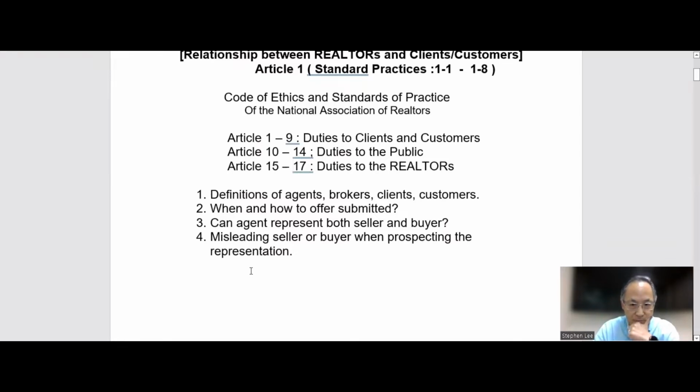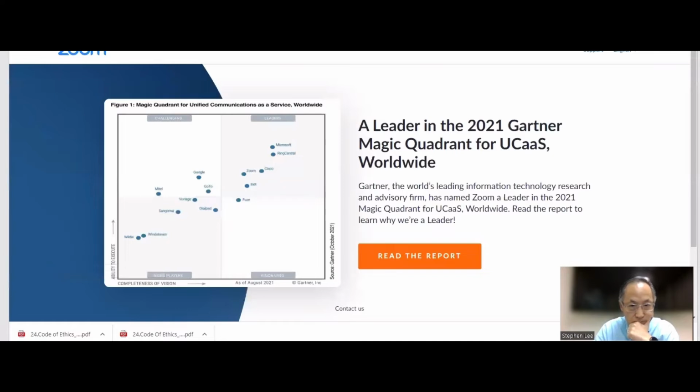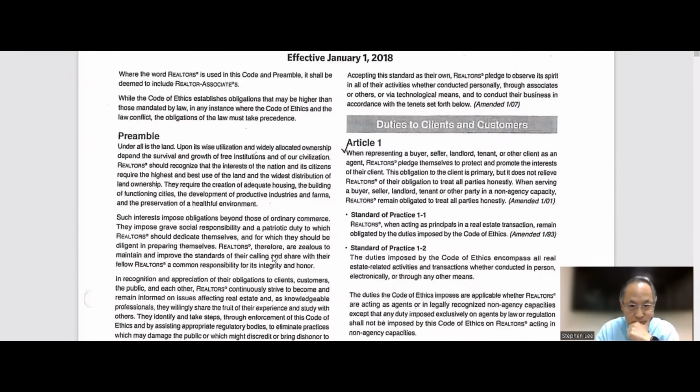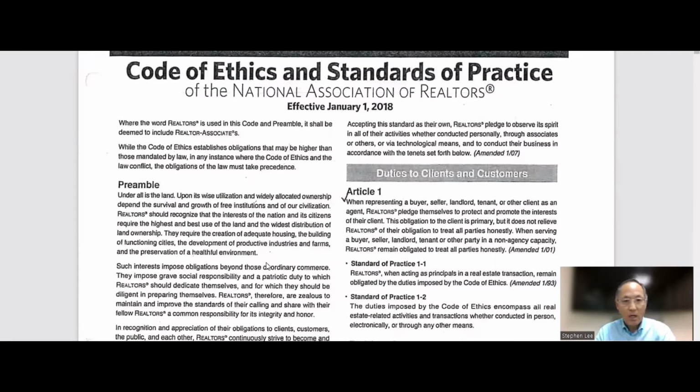Okay, so this time I want to get into the actual Code of Ethics. This shows the Code of Ethics and Standards of Practice of the NAR, National Association of Realtors.